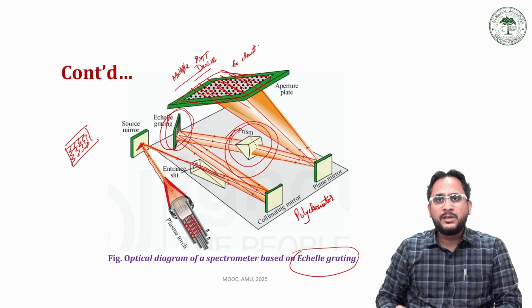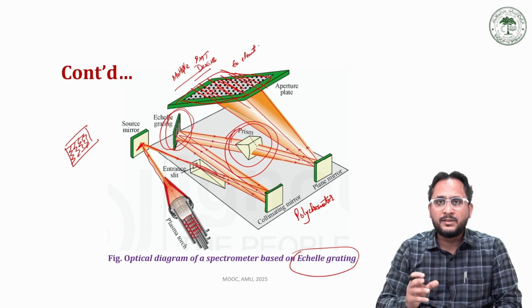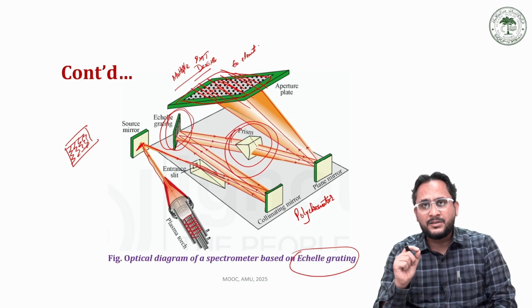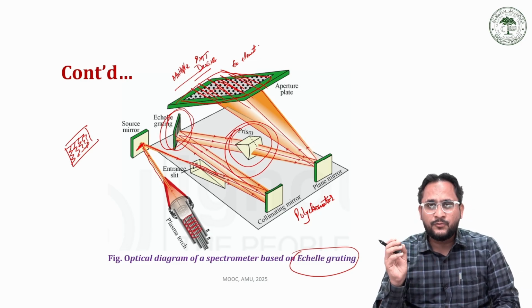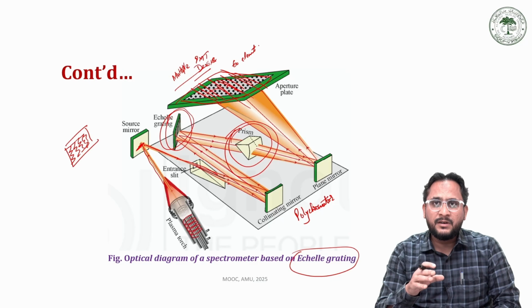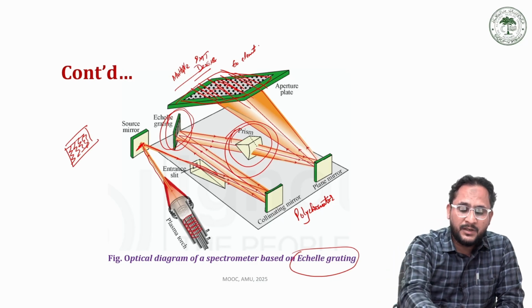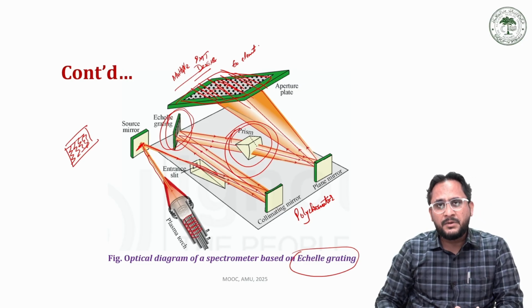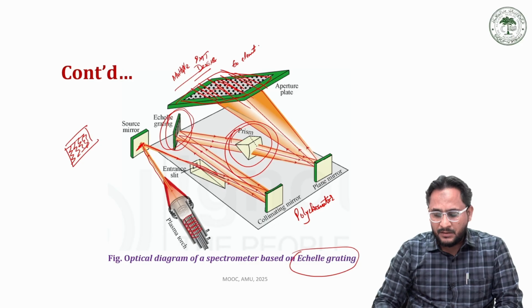So here we do not need to move anything, like a Rowland circle. We can very easily make these multiple light radiations focus on the PMT devices, and multiple elements can be detected in a single run simultaneously.